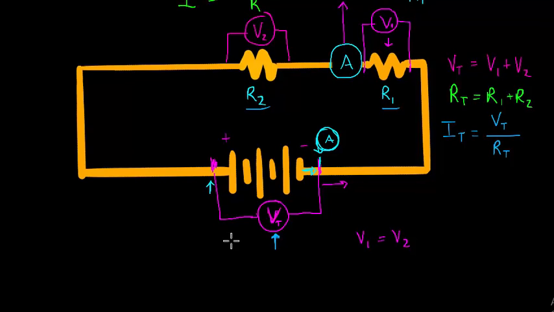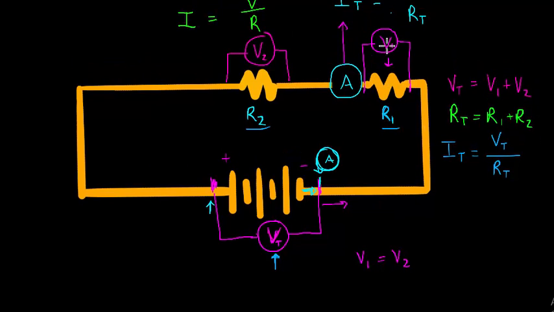But let's say, for example, I did not have the voltmeter over the battery. I only had the voltmeter over resistor 1. Now, if I only had the voltmeter for resistor 1, I would use the same relationship, but I would only be able to measure the current that comes out of resistor 1 and that goes into resistor 1, since the current that goes in and goes out must be equal.